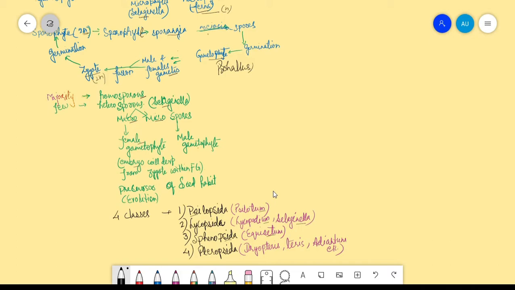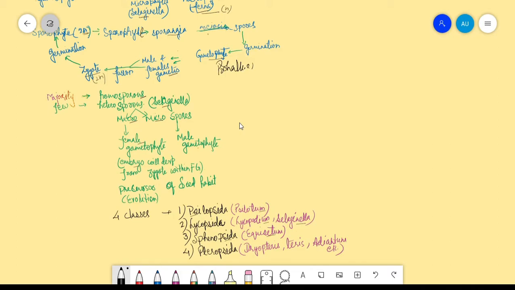The gametophyte is a prothallus, that means a small thalloid structure, that is why it is known as prothallus, whereas the sporophyte is dominant, having true root, stem and leaf.